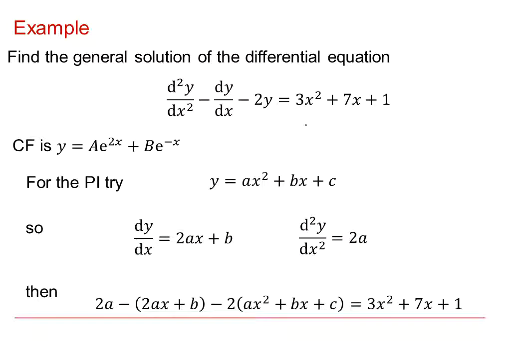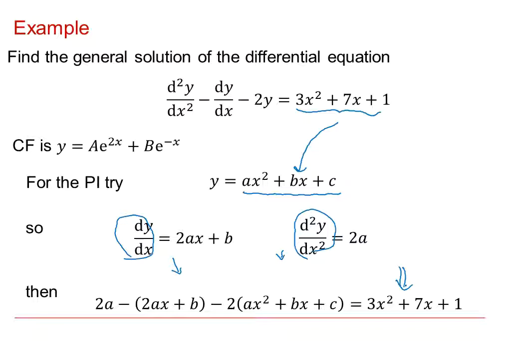So the key thing here is to take this non-homogeneous quadratic and try a function of quadratic form. Don't use capital A's and B's, use lowercase letters. Then we can use the first derivative and the second derivative to substitute them into the second order differential equation in the non-homogeneous case.